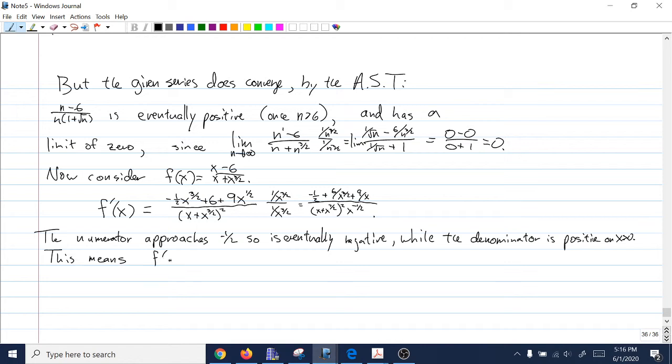This means f prime of x is eventually negative, so f is eventually decreasing.